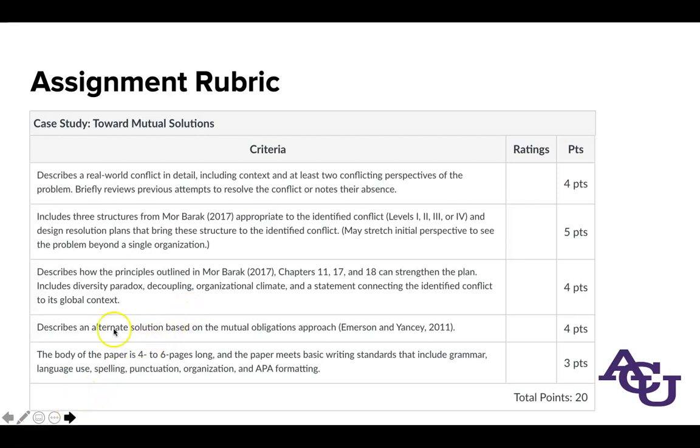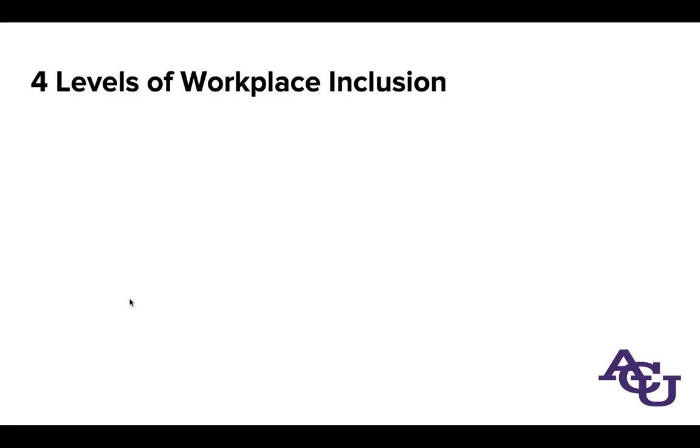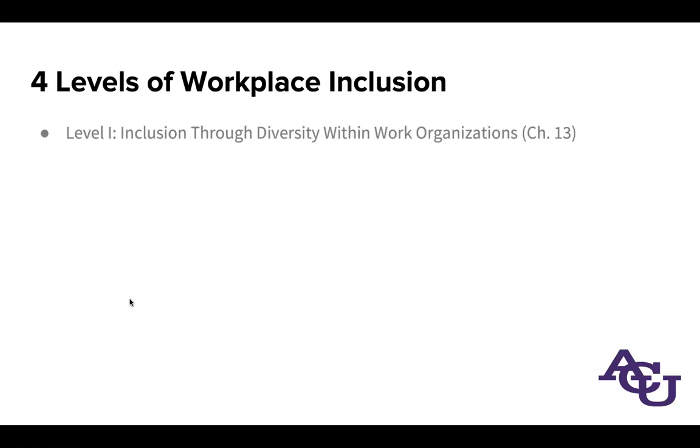Okay, great. Now let's continue through here, and let's talk about some of those key bits of content that you're supposed to include. Now we'll start with Moore Barrack's levels of workplace inclusion, but there are a few other things we'll talk about as well. So those levels of workplace inclusion, we have level 1, that's the inclusion through diversity within the work organization.